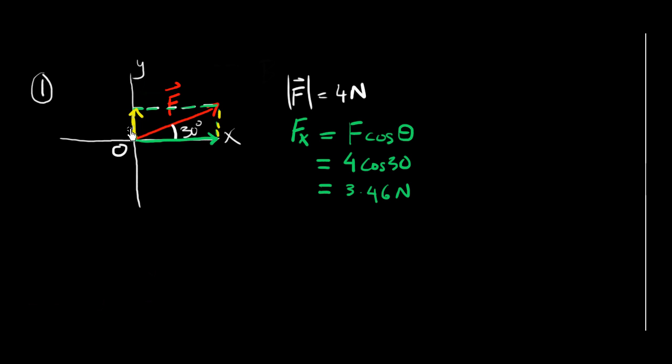So in order to find the height here, or how much of this vector F is going up, we need to do the opposite and the hypotenuse trigonometric function, so that's the opposite over hypotenuse, which would be sine.